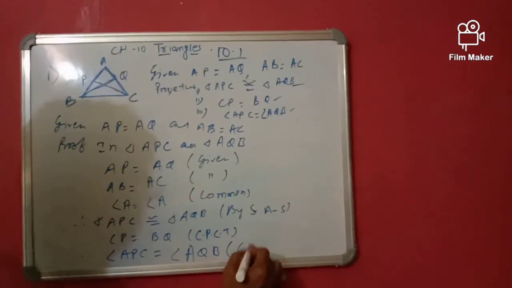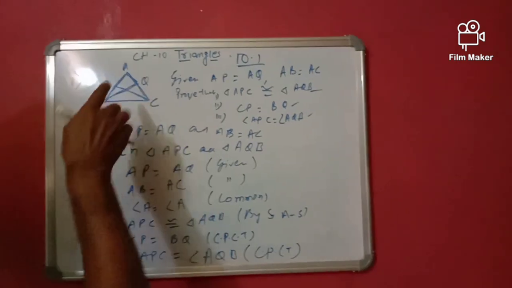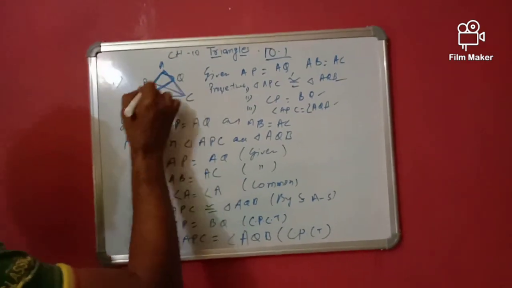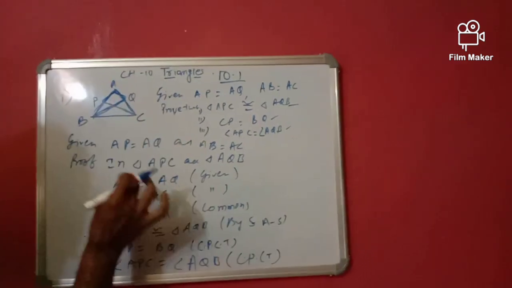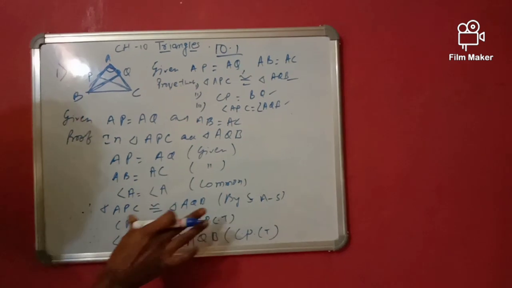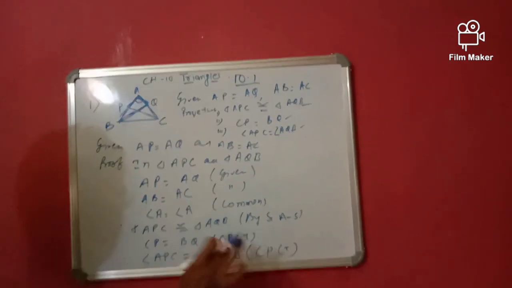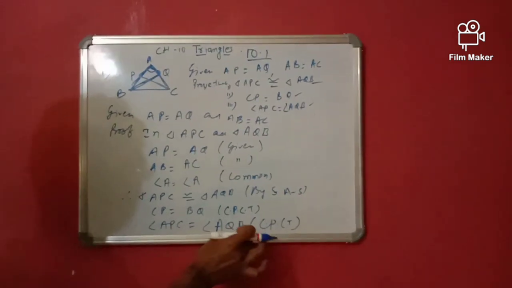This is also CPCT, means corresponding parts of congruent triangles. Once again, look at the figure, how we have proved. We have to write what is given, then we can solve these things, and then we have to write whatever rule we have followed.